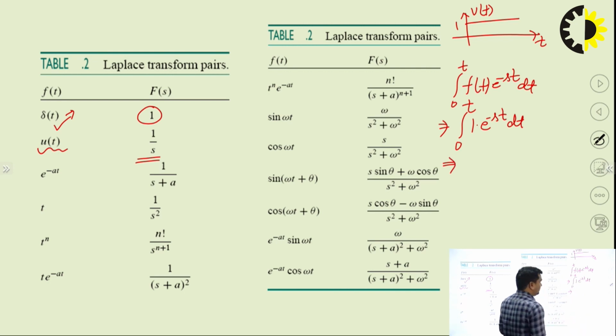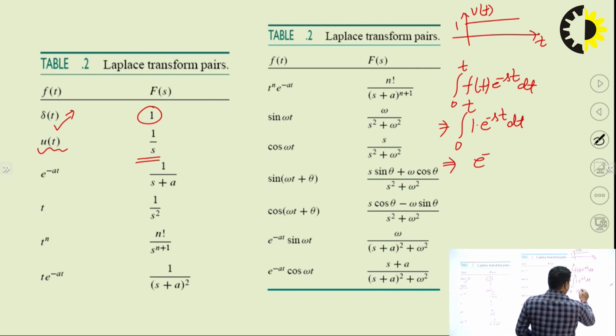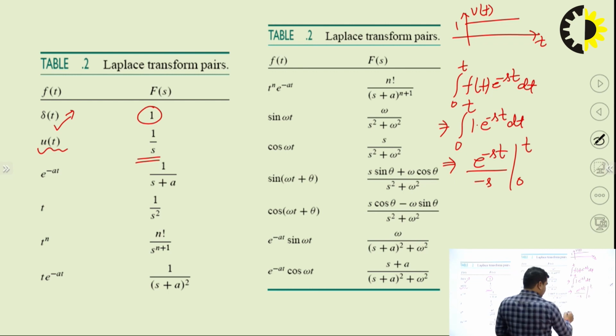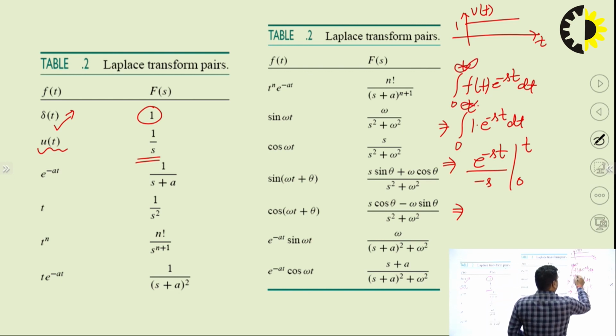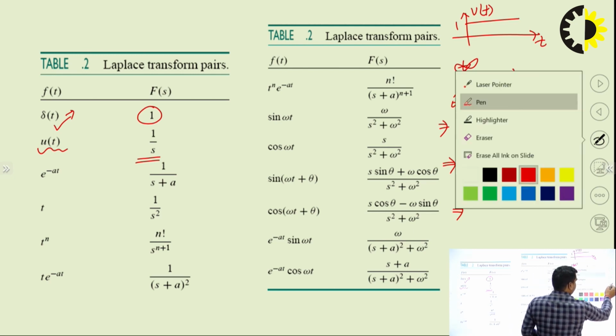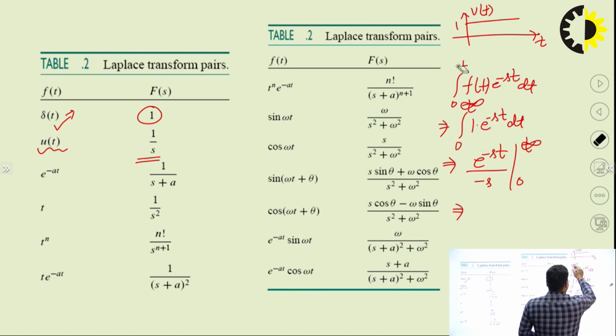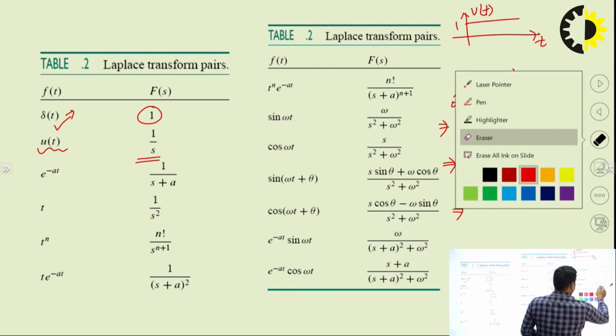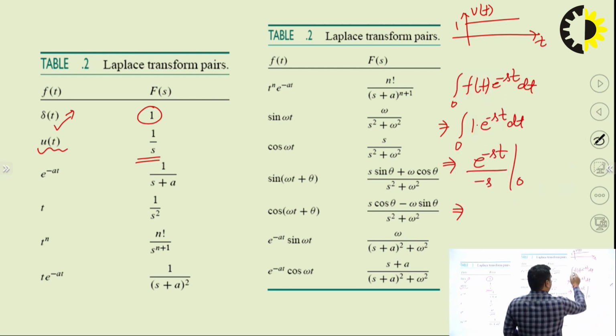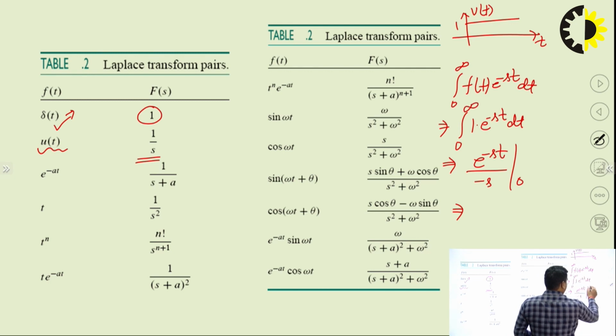So, we can put 1 into e power minus st dt. Here it is e power minus st divided by minus s, from 0 to, sorry, 0 to infinity.